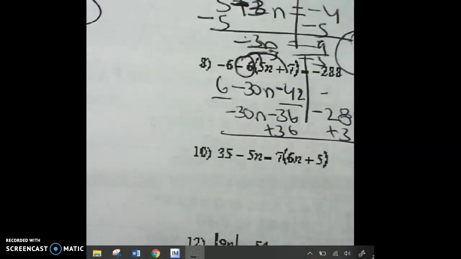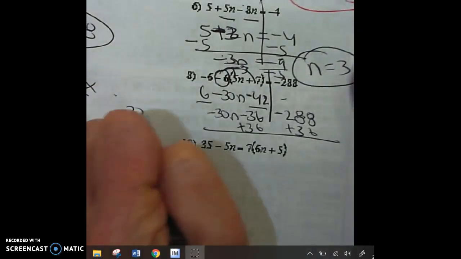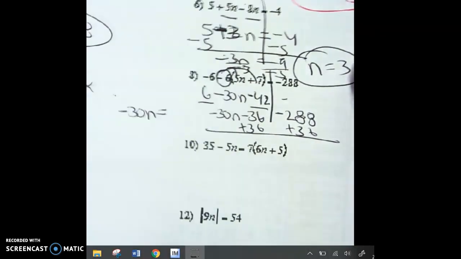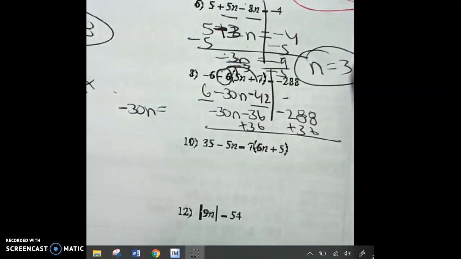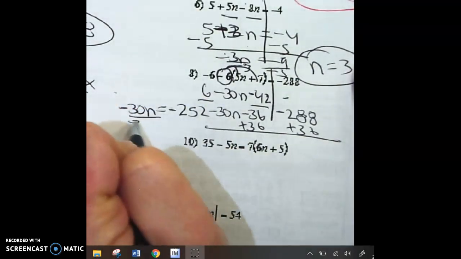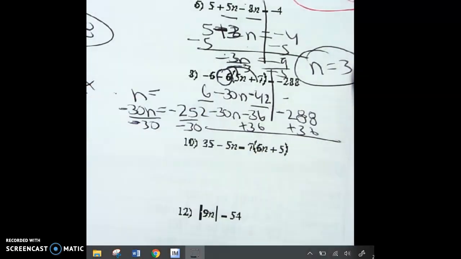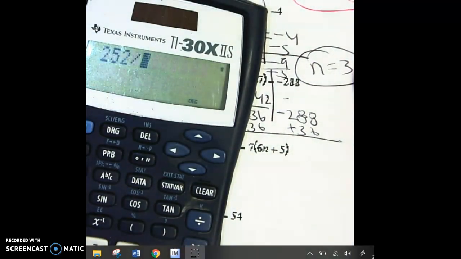Let me move this over a little bit, zoom out. Negative 30n equals, I don't know what 288 minus 36 is. Looks like negative 252 divided by negative 30. n equals, let's see, 8.4.